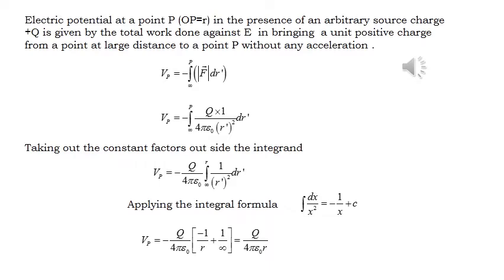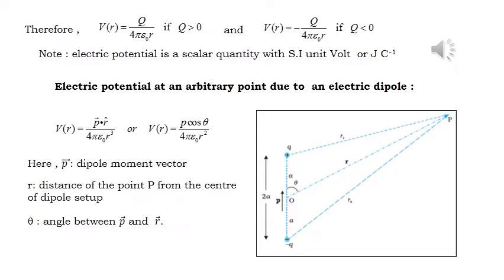So the potential at the point P, Vp, equals Q by 4 pi epsilon naught R. Therefore we can conclude that the potential at a distance R from the source charge Q is V of R equal to Q by 4 pi epsilon naught R whenever Q is positive. In case Q is negative, V of R equal to minus Q by 4 pi epsilon naught R.